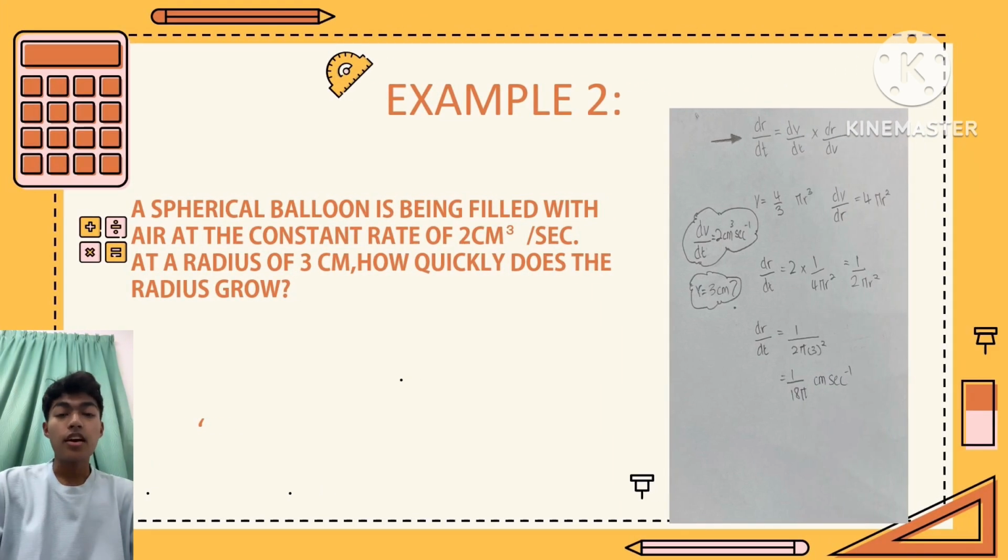Let's find dr per dV. We can find dr per dV from differentiating the formula V. So after that, we get dV per dr equal to 4 times pi times r squared. After that, dr per dt equals 2 times 1 per 4 times pi times r squared.